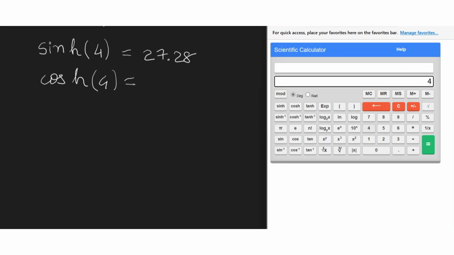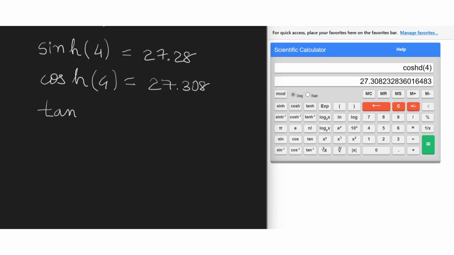Same way I'll type 4, then press this cosh symbol and we get 27.308. Now I need to find tanh 4. Same way, first let me clear this. 4, then press tanh. We get this as 0.99932.